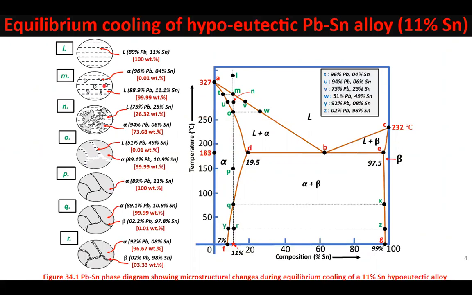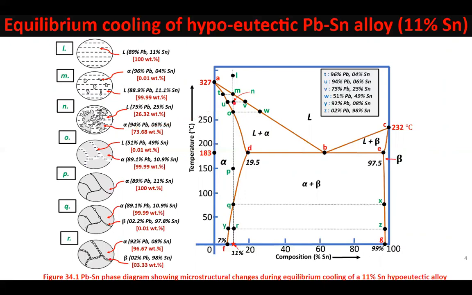You can clearly see that these critical nuclei now have grown into the form of dendrites. The amount of solid phase has increased from 0.01 to almost now 73.68% at a lower temperature corresponding to point N. Both chemical composition of the liquid solution phase and that of the alpha phase has also changed.